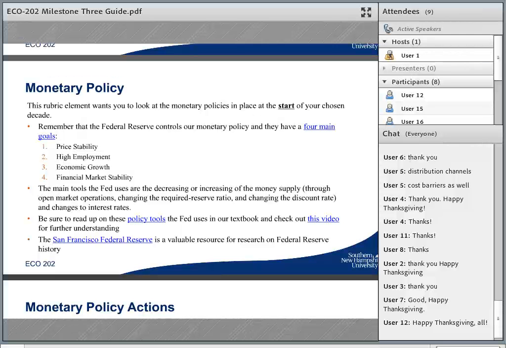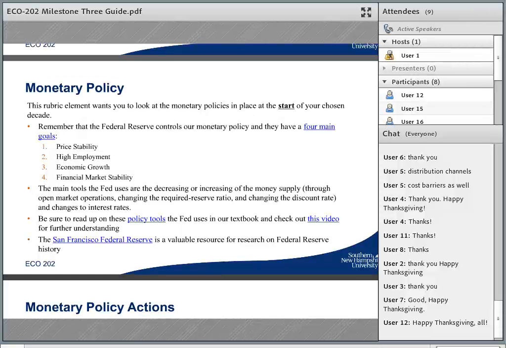And when things are pretty steady, economic growth and financial market stability can be more the centerpiece. So depending on your time period, different things will probably be the focus of Federal Reserve policy, and that would probably change over time.